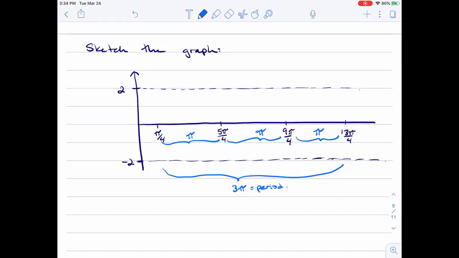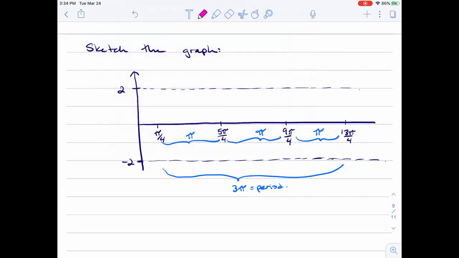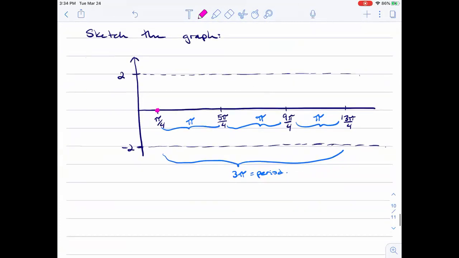Yeah. So all I know about this curve is, well, let's use a different color here, is it starts here because it's a sine curve, right? I've shifted it over. I'm going to stretch it out. So the next time I end up here, well, not really, I have to cross the axis once, but the next time I start over is going to be at 13 pi over 4.